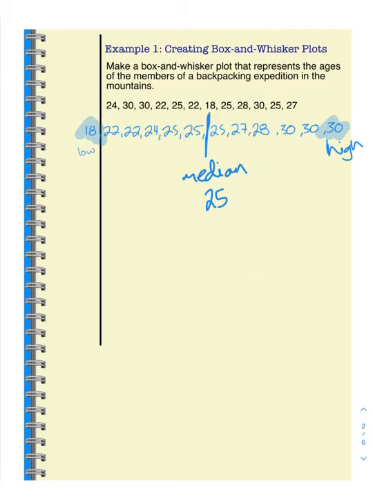And the last thing we need to find is our Q1 and Q3 data points. Q1 is the median of the lower half, which is between 22 and 24. So Q1 is 23. And then Q3 is between 28 and 30. So Q3 is 29.